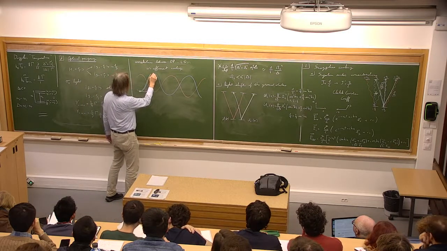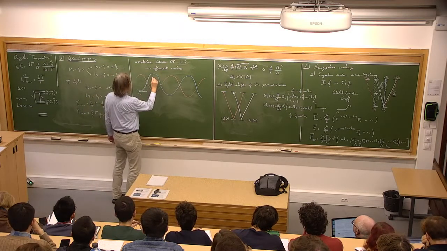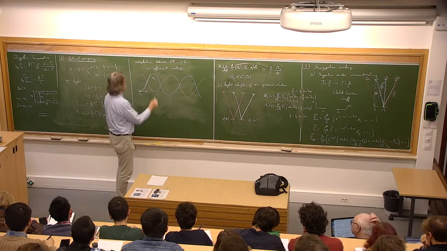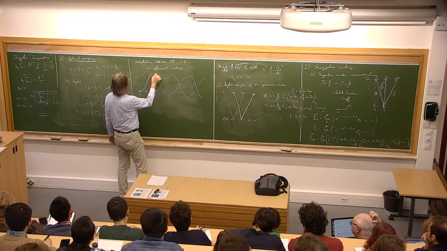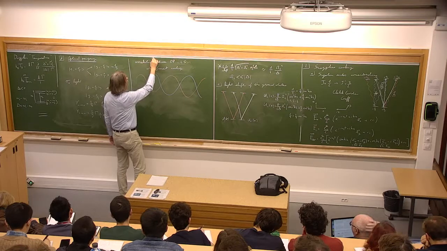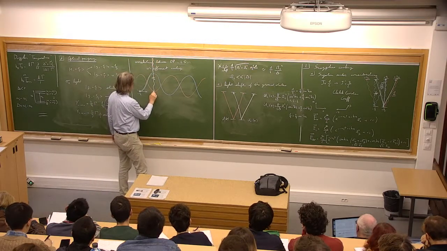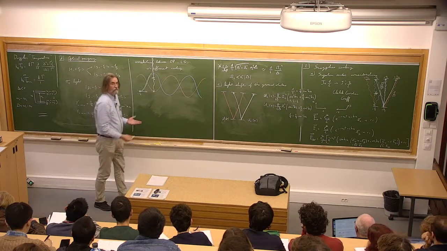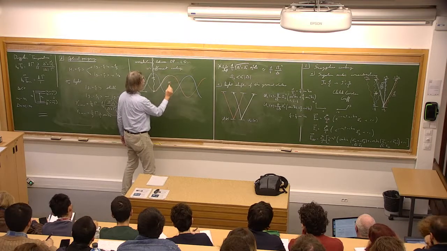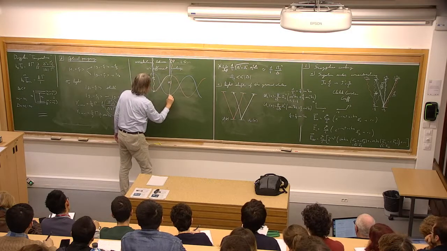You climb the hill and, oh, I am in the minus 1/2 level, and here I have sigma plus light. So what happens is that at one point, somewhere here, I am excited to the upper level, which is far above, and I come back here. And again, I am at the bottom of a hill, so I have to climb. And at that point, I have sigma minus light, and once again, I am excited.